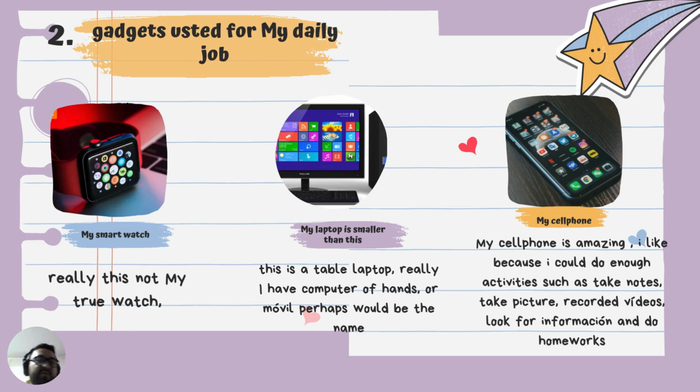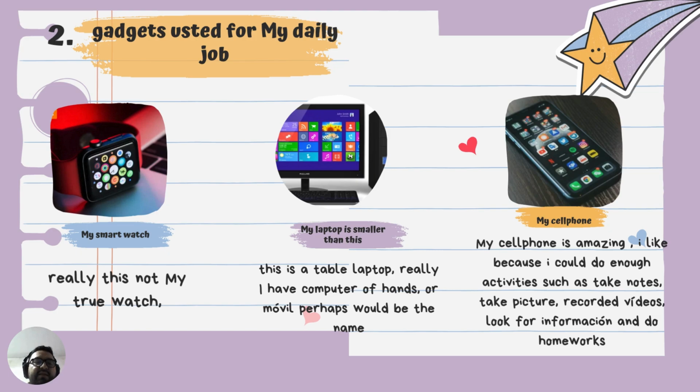And the last part is the most important. You know what this is? A cell phone. That cell phone is amazing. Why? Because you can use or manipulate it, play, get information, create any kind of designs, and also record, save, and transmit any kind of aspects.